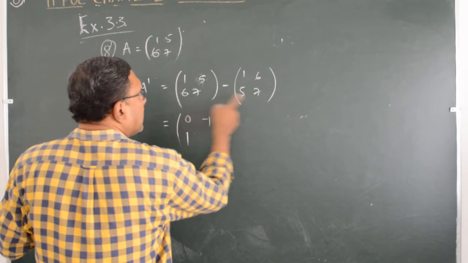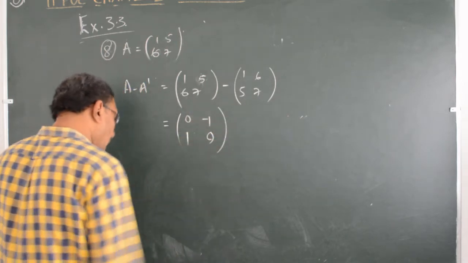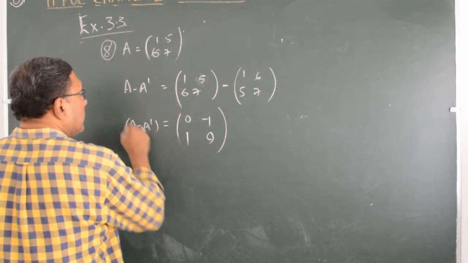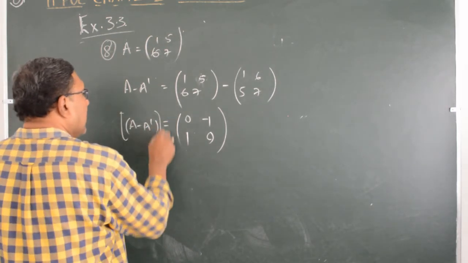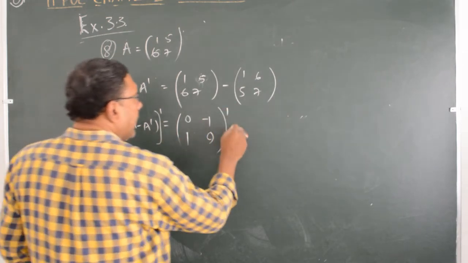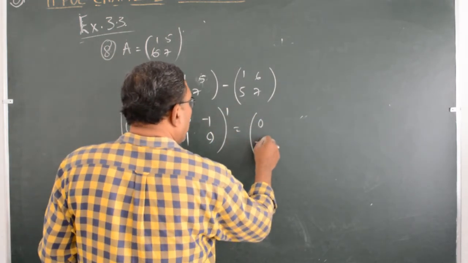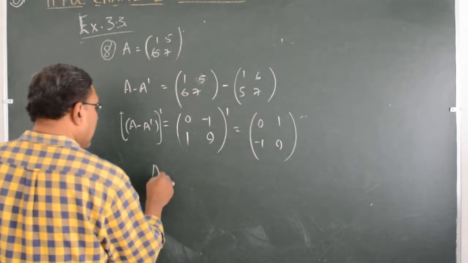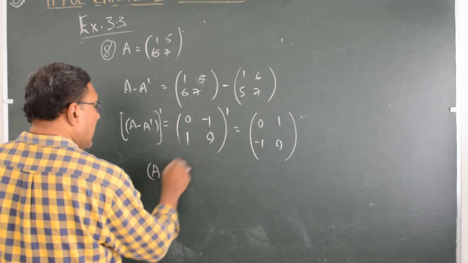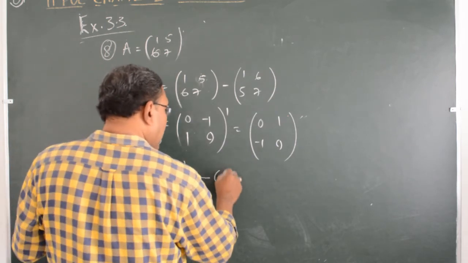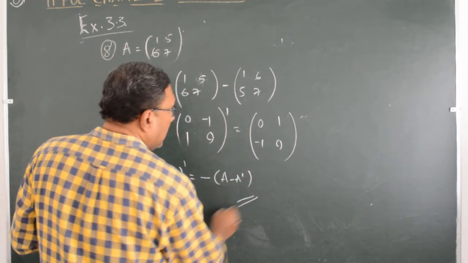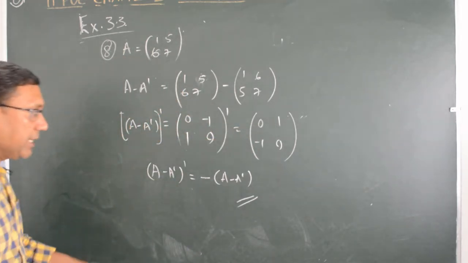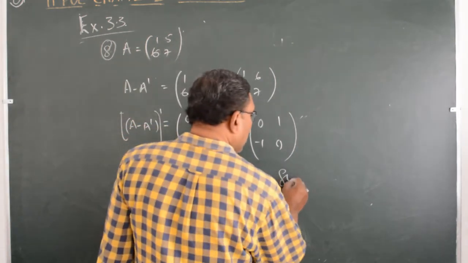And 7 minus 7 is 0. Obviously, we get zero diagonal entries. A minus A transpose is this. I'll take a transpose for this also. Then we get 0, 1; minus 1, 0. If you look at this, its transpose will be minus of (A minus A transpose). Therefore, the signs are only interchanging, so the given matrix is also skew symmetric.